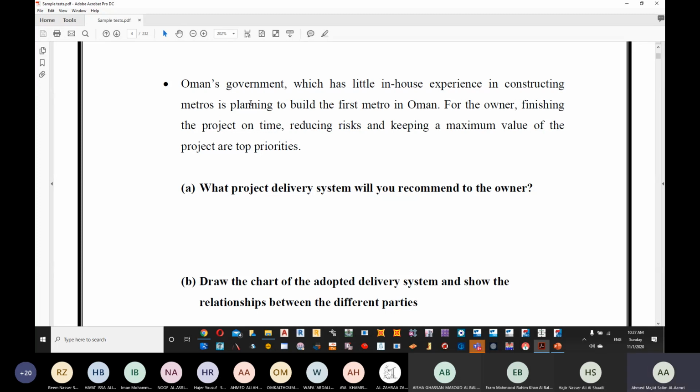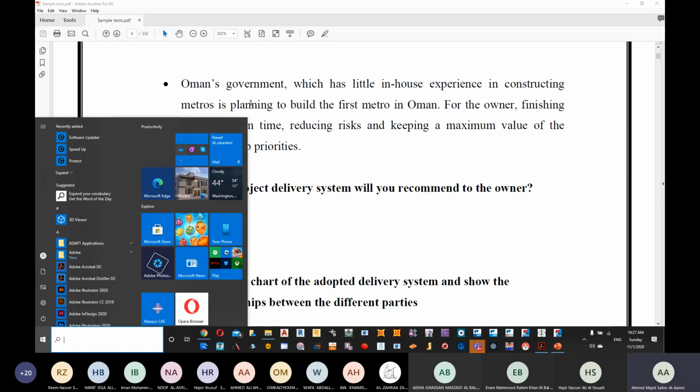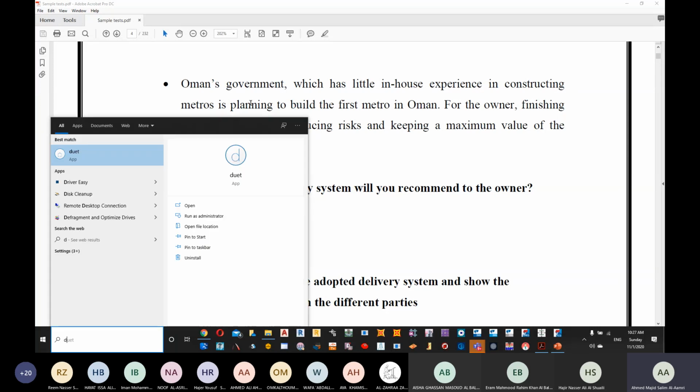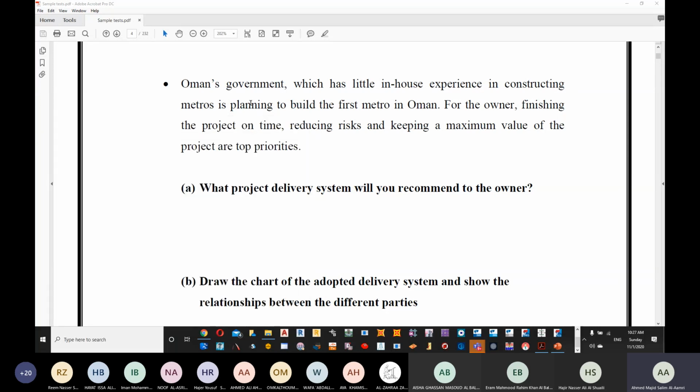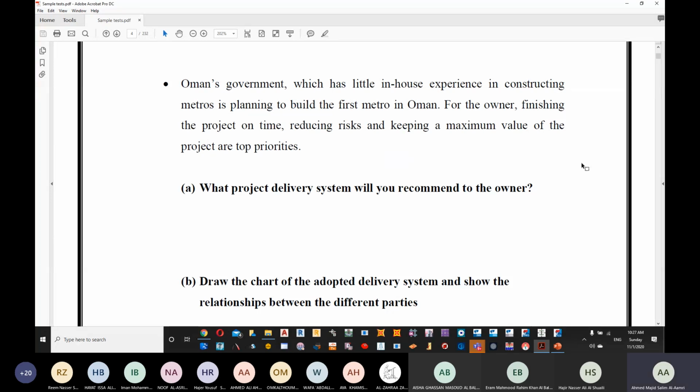Now, for construction management at risk, once again, we said the maximum risk is going to go to the construction manager. Okay. The only clear risk taken by the client is going to be the design risks. Okay.